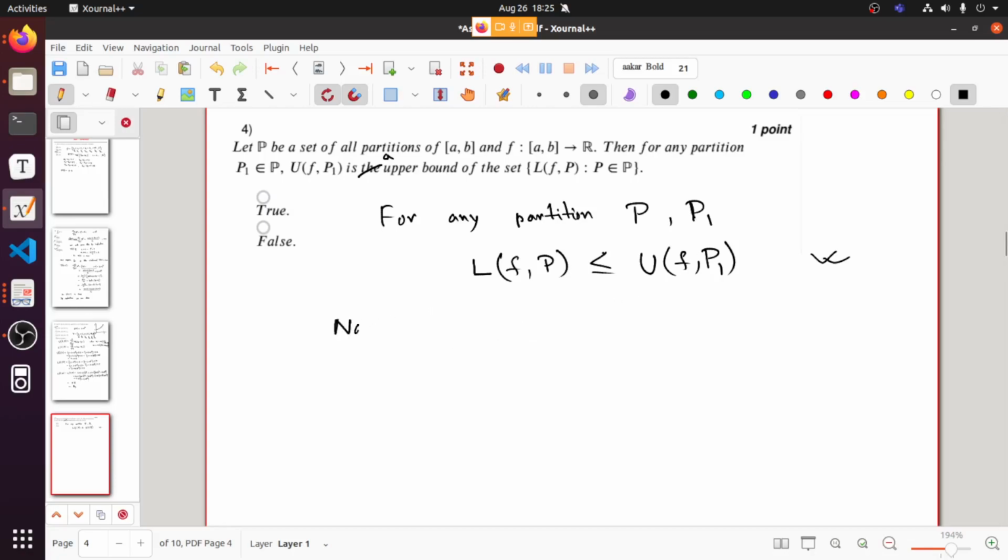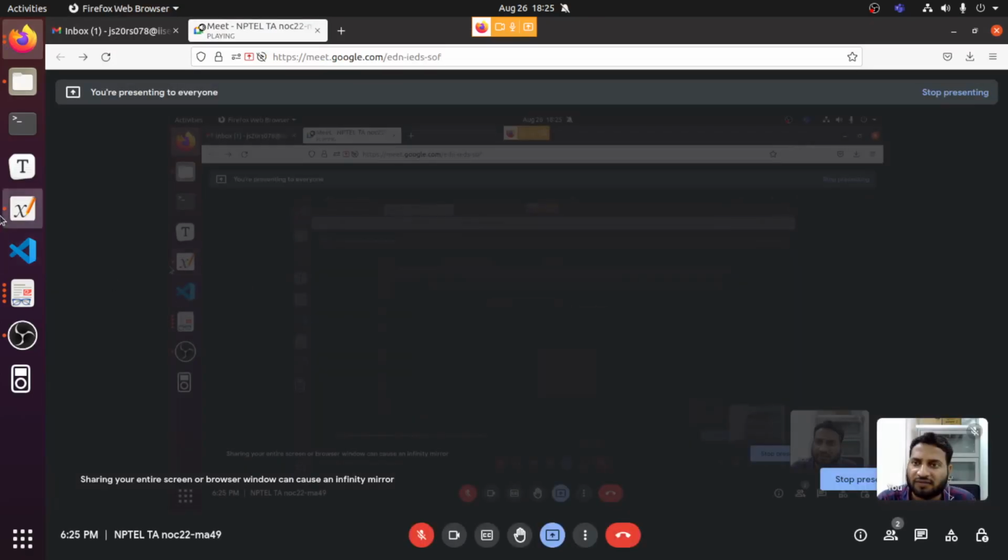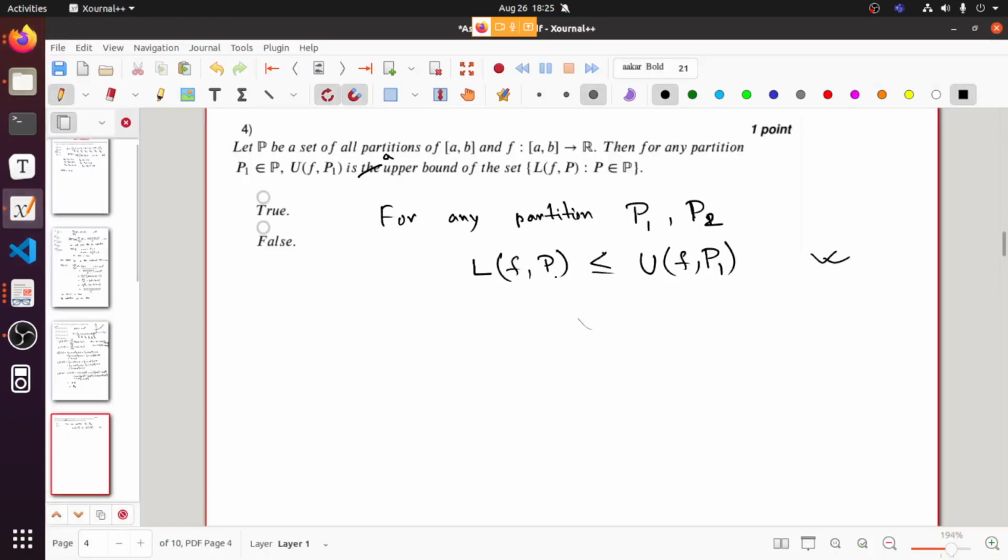Now, as P1 is fixed, suppose we write this for general partitions, P1 and P2, then you will understand better, right? So suppose we denote it by P1 and P2. Now what is given? P1 is a fixed partition, it's given, right? And the inequality is also true for any partition, right?